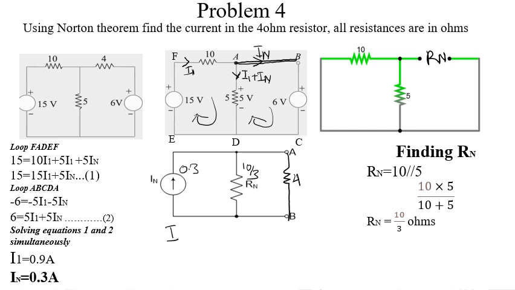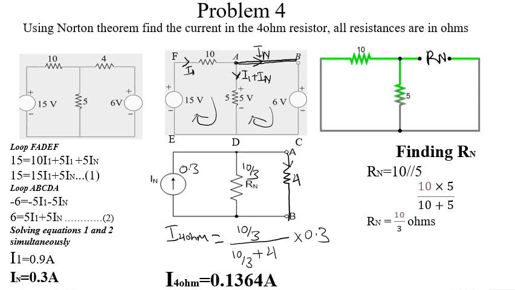To calculate our current through the 4 ohm, I4 ohm is equal to our Norton's resistance 10 over 3, all over 10 over 3 plus 4, times 0.3. So we end up getting our current in the 4 ohm as 0.1364 amps.